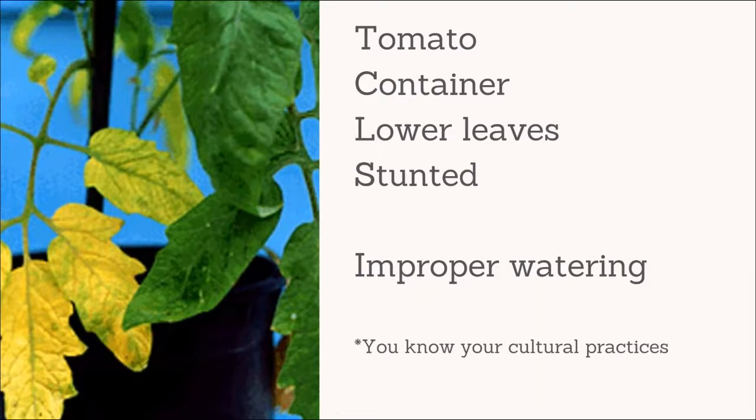So this is going back to your own cultural practices. If this was your plant, your container, and you know right off the bat that you have not been good at watering, then that would be an easy fix. Without some of that background information, it wouldn't be as easy.